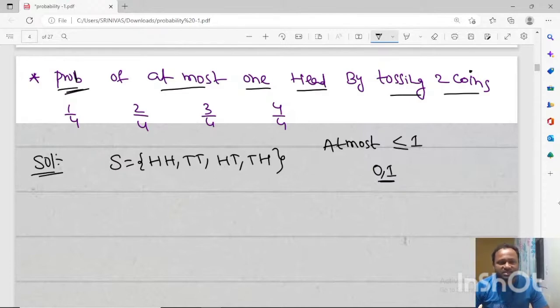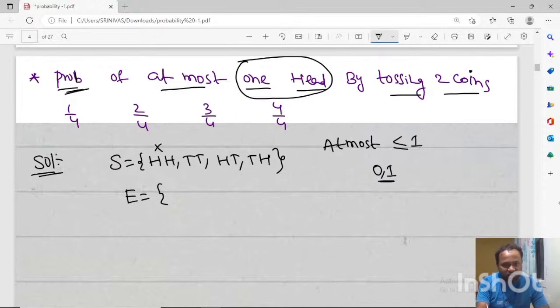So this is about the sample space. In this, at most one head, maximum one, means my favorable is: here two heads we should not take. Here one head we can take, one head we can take, and 0 head, there is no head, 0 we can take. So TT, HT, TH.